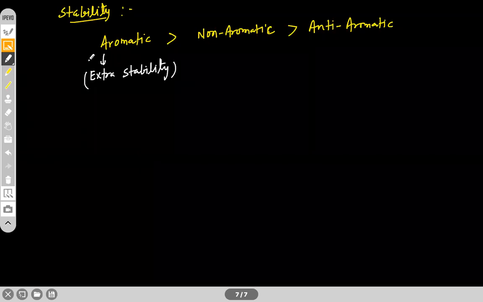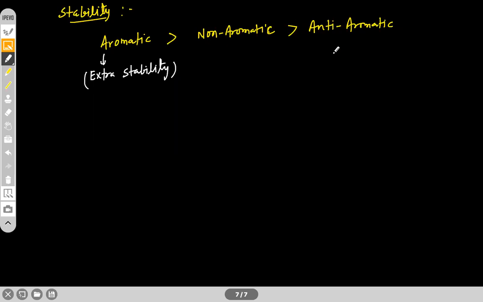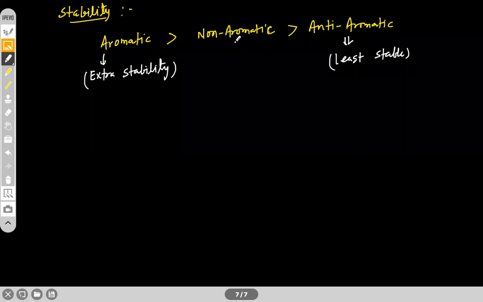The energy decreases and hence stability increases. Anti-aromatic compounds are the least stable compounds, because the energy is higher over here. Normal, non-aromatic compounds fall in between these two in stability.